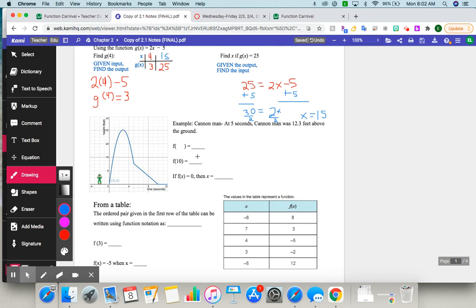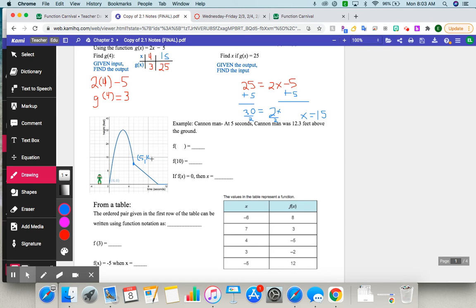Going back to the Desmos function of the Cannon Man relating his height to his time, at 5 seconds, Cannon Man was 12.3 feet above the ground. So that represents this point right here. So that's 5, 12.3.